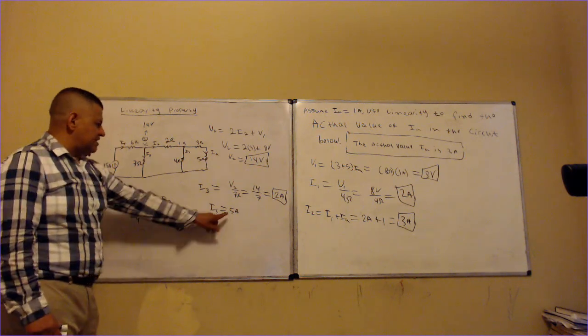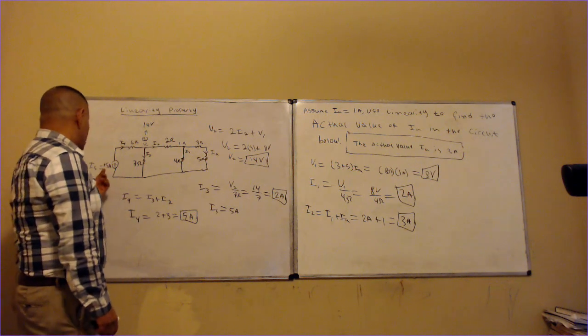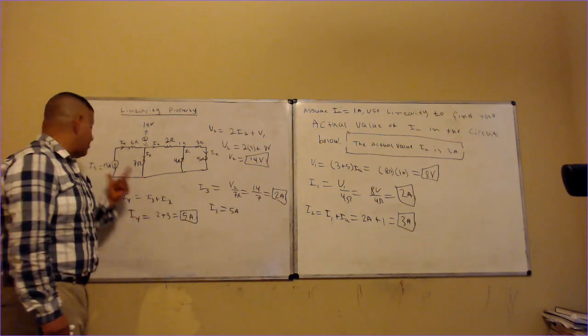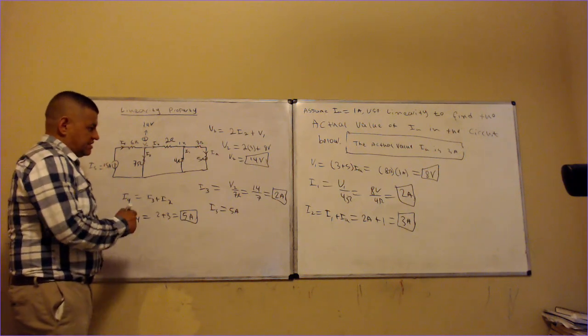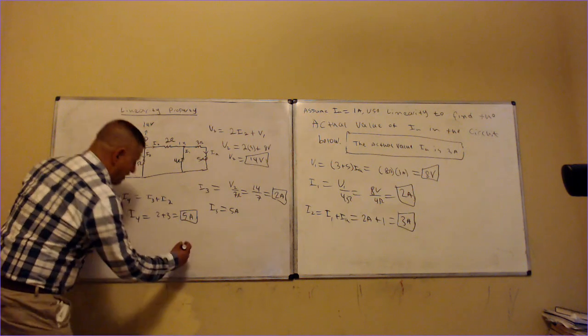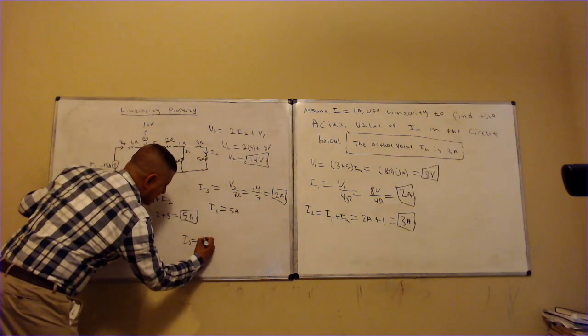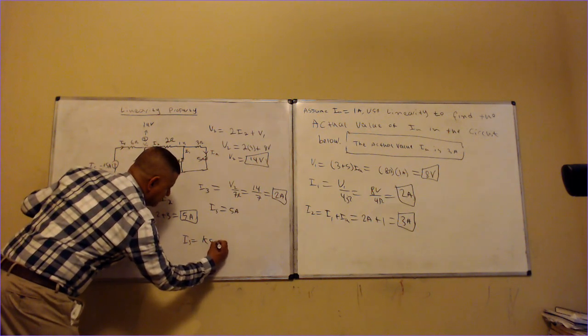If I say that the source is 5, then 3 times 5 or 5 times 3 is equal to 15, right? So the number that is missing over here is, in this example, IS is equal to K times 5 amps.